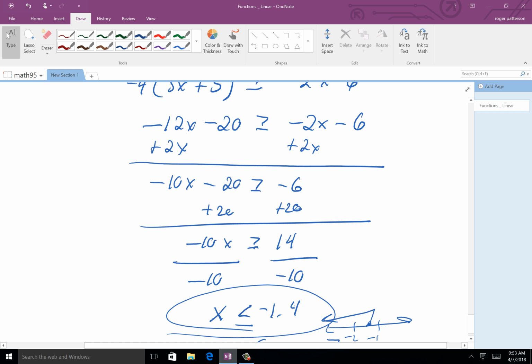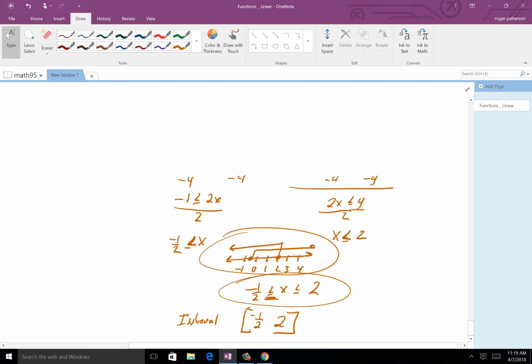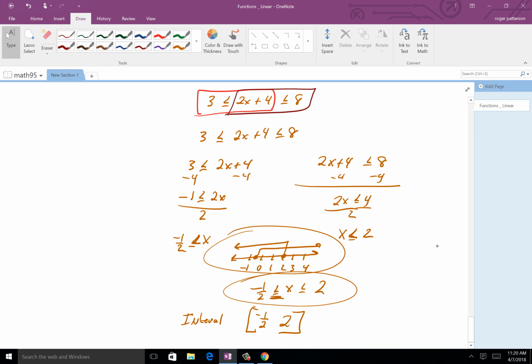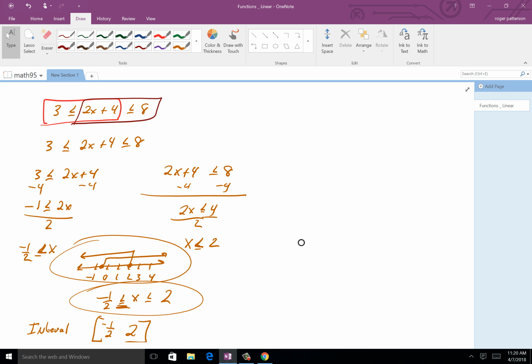Now, let's go back to this original one. I'm going to go back up here for a second, slide this over here. So here's what this looks like. And you don't have to break it up. You could just say, I'm going to subtract 4 from all 3 of these things. So -1, 2x, and 4. And then I'm going to divide everything by 2.